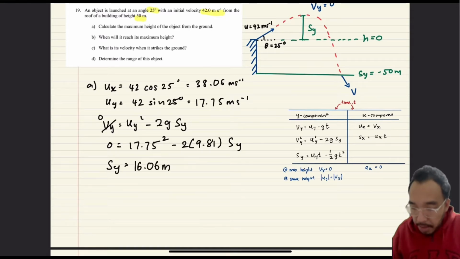Okay, but remember this one is the distance from the height equals to 0. So if you want to find the distance from the ground, you basically have to add up.